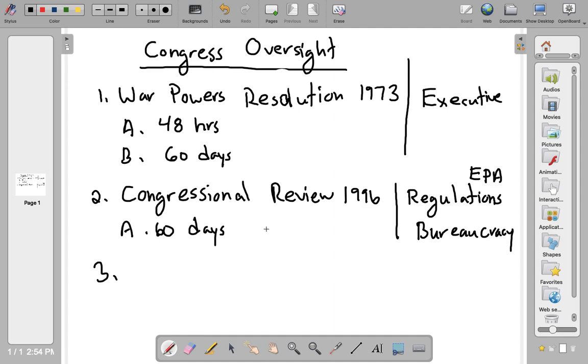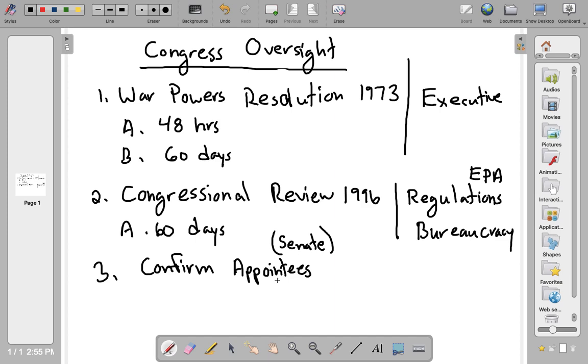Okay, going on down, there's confirmation of presidential appointees. So the power to confirm. Now, the power to confirm is something that only the Senate has. So yet again, we need to know that the Senate has some powers that the House of Representatives does not.